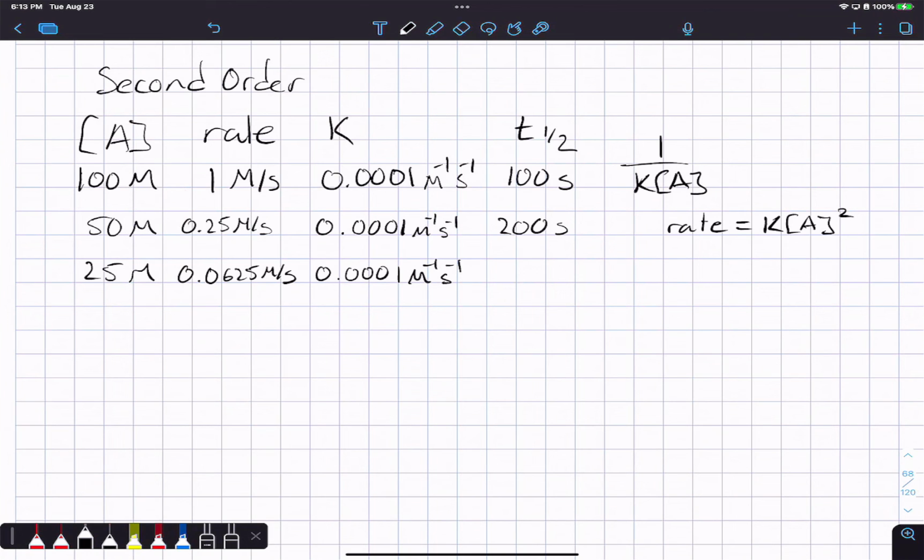Yeah, which is 1/16. So this is why the half-life slows down for second order. Because as you deplete all of your reactants, the reaction is very dependent on those reactants being around. So you're going to have a huge impact on your rate.